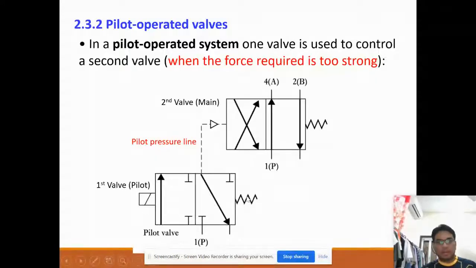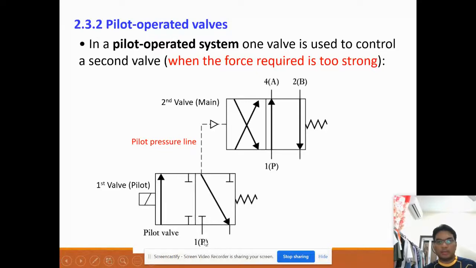This is the pilot operated system. The first valve is called the pilot, and the second valve is called the main valve. They are connected by this dotted line. This is basically the closed condition.